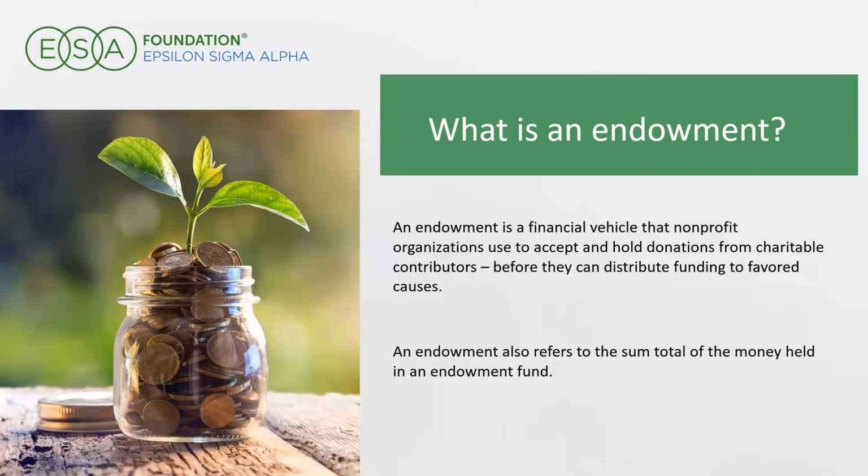What they use them for is to hold donations, for accepting donations of contributors, and then from there they can distribute the funds to whatever cause that they work for. We can also look at an endowment as referring to the sum total of the money that gets held in an endowment fund. So both of those ways we can look at those.